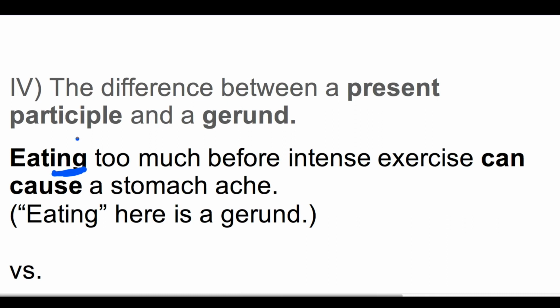So I'm going to put a little rectangle around eating. How do you know it's a gerund? One big way is this verb here, can cause. Smoking can cause cancer. Drinking too much can cause an accident. Smoking and drinking are both gerunds in this case.